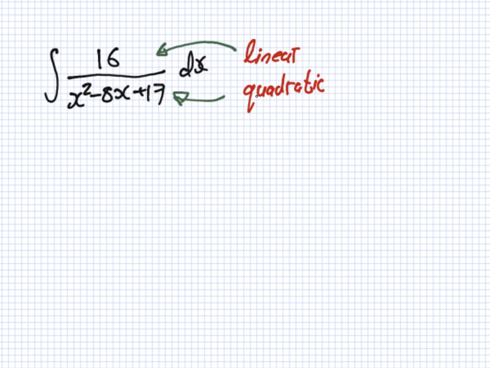Why not? The technique previously would work here, except we need to do something to make it work, because right now we have 3 pieces in the denominator, but we need only 2 pieces.